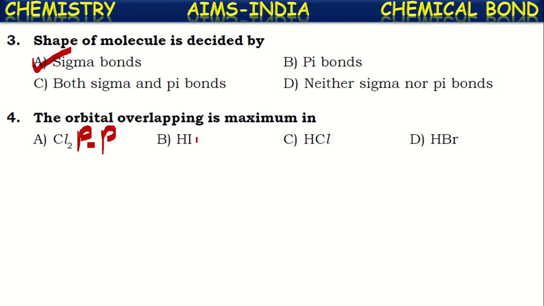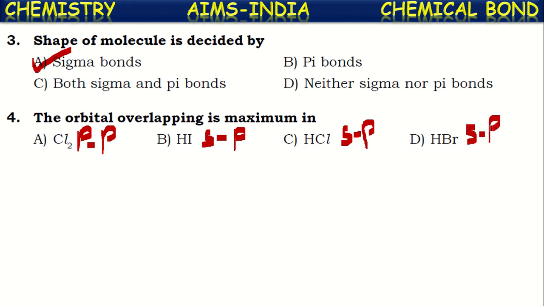In hydrogen iodide, hydrogen has an s orbital with a single electron, and iodine has its half-filled orbital in the p subshell. So in this molecule, the overlapping will be sp overlapping. In a similar way, in HCl also, sp overlapping. In HBr it is also just like that: hydrogen and a halogen, sp overlapping.